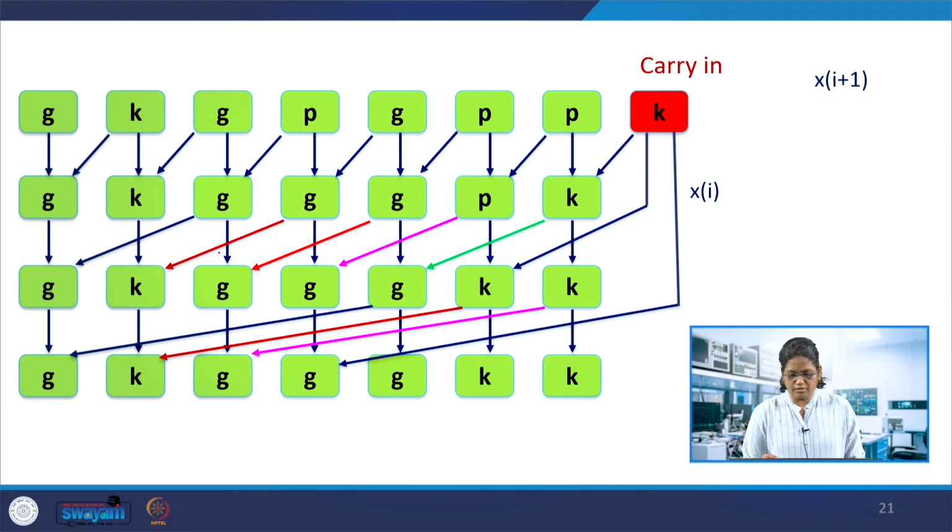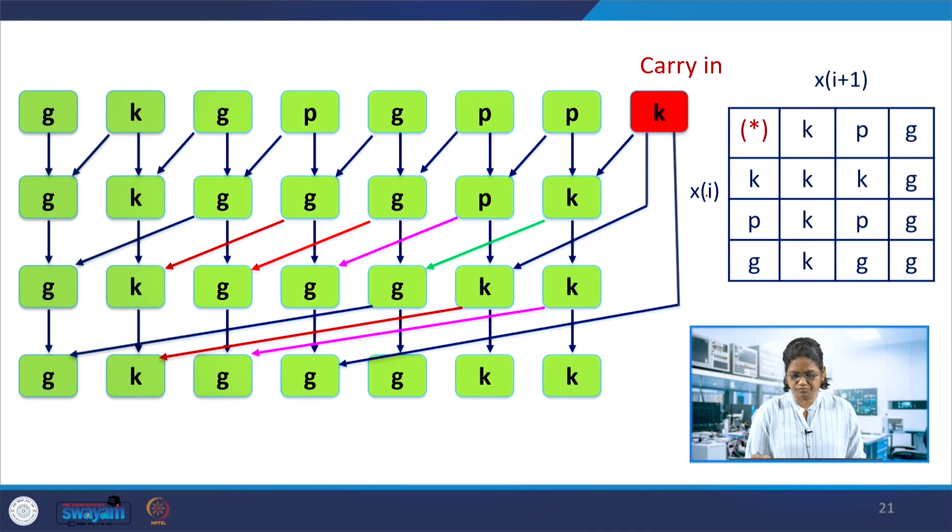If we take the first stage here, it is K, propagate, generate, and then propagate, generate, K and generate. After making the first stage, we go to step 1, that is this K and P. Consider this as I and this as I plus 1. So this is I, K and P, which results in K. Similarly P and P, this is P and P, which is propagate over here.